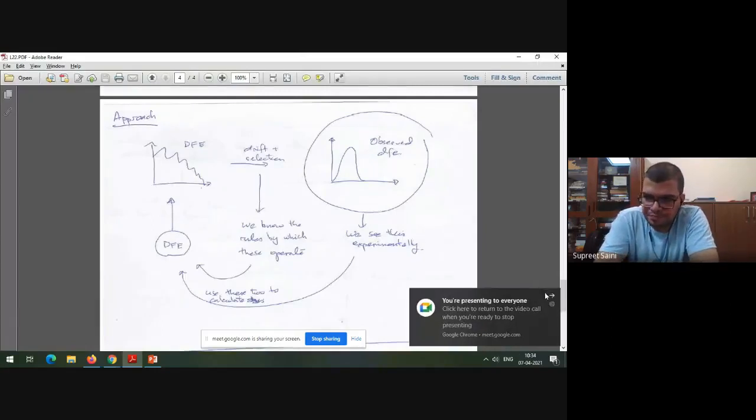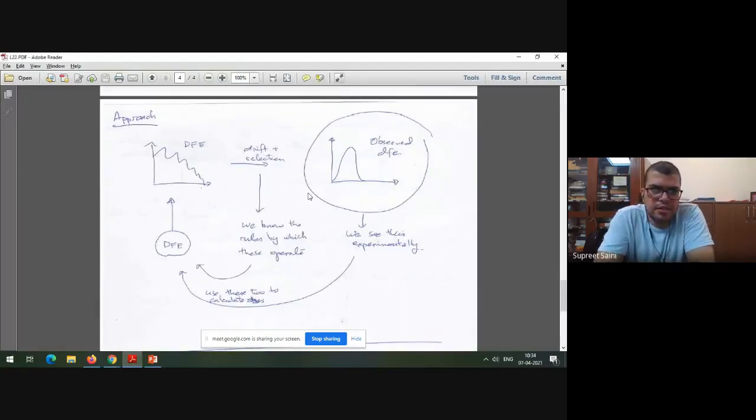So let me repeat this again. There is an unknown distribution, right? This is the distribution that I'm interested in. And beneficial mutations are arising in a statistical fashion which is consistent with this DFE. Now to find this, they say we don't know this, but this underlying DFE produces beneficial mutations.